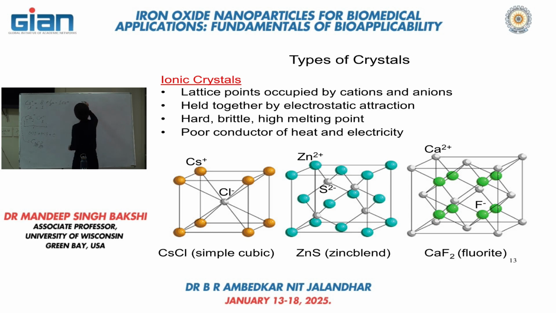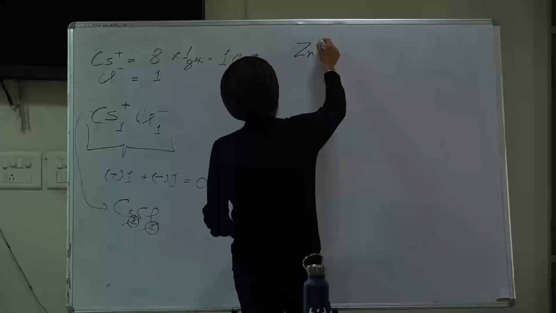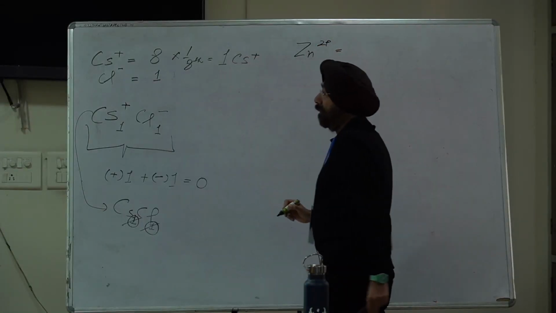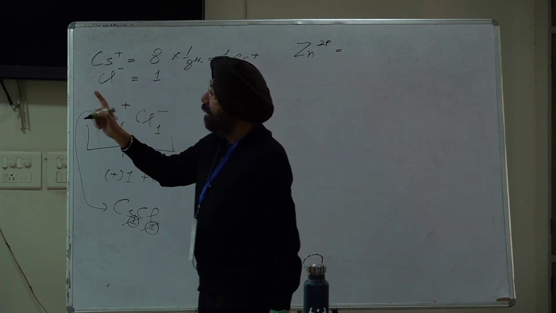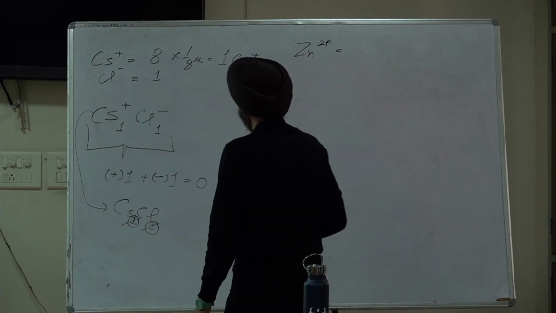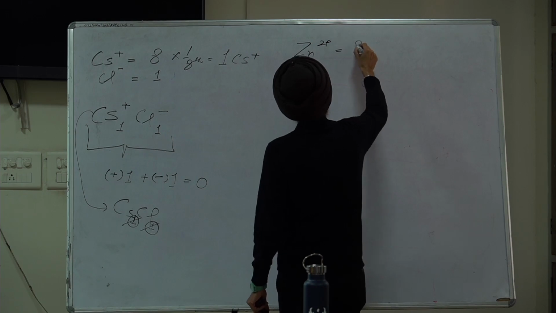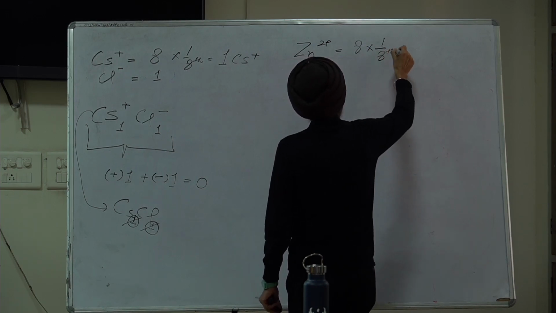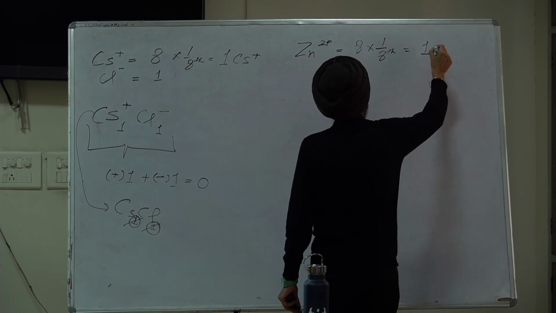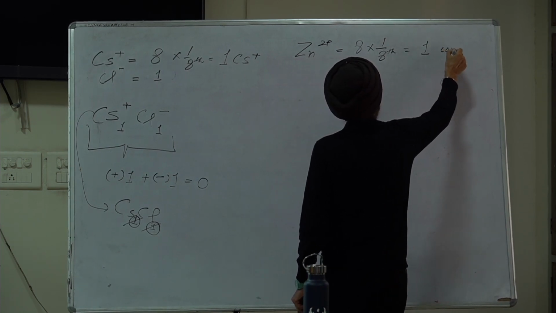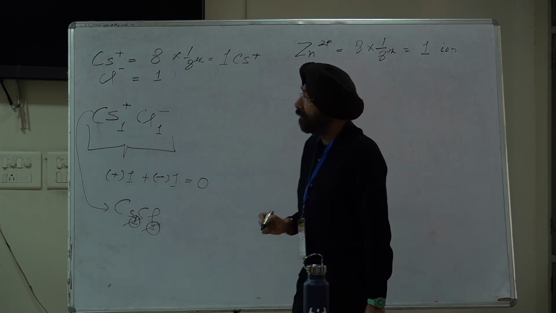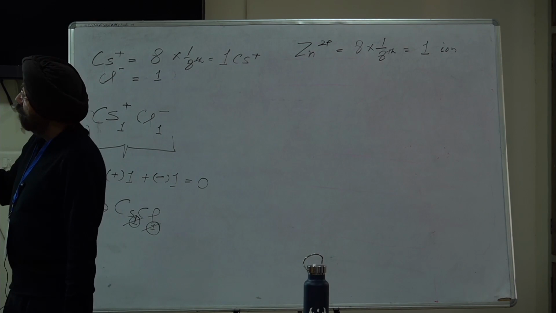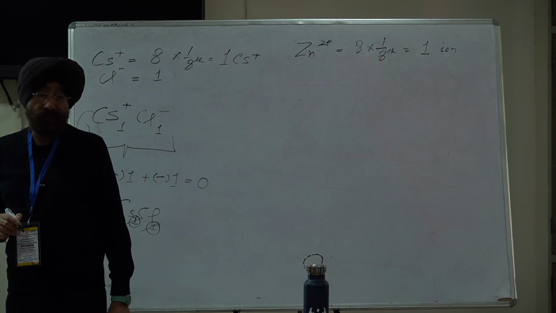Okay, so how many zinc ions are there? There are 8 zinc ions at the vertices, and each one is contributing 1/8 part. So therefore, 1 ion is at the vertices. There are other 6 ions at the faces.